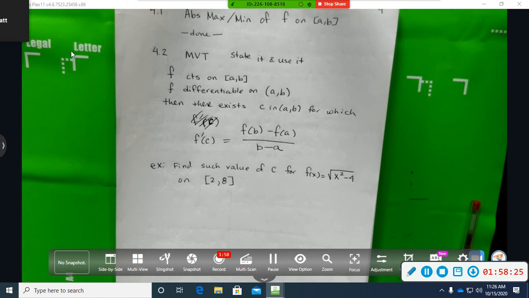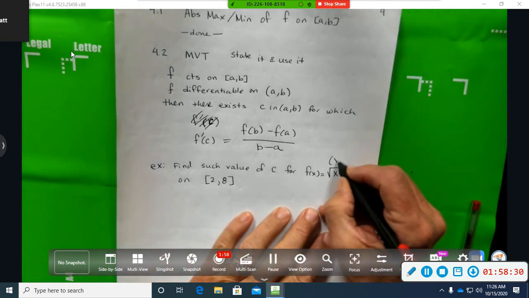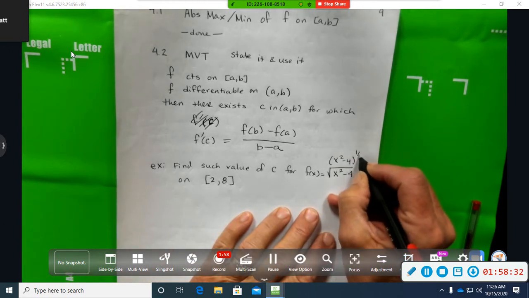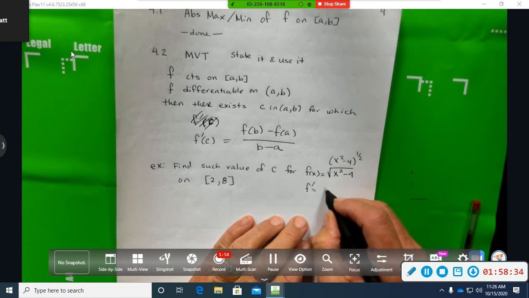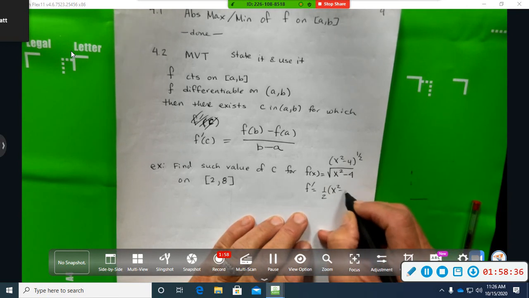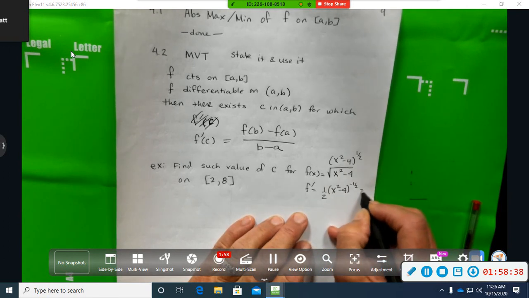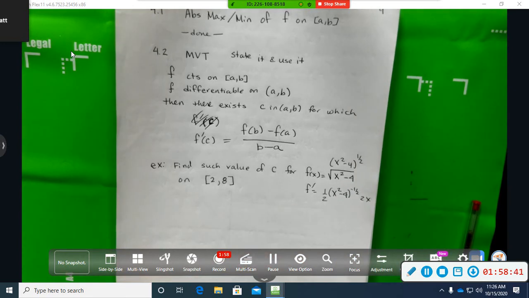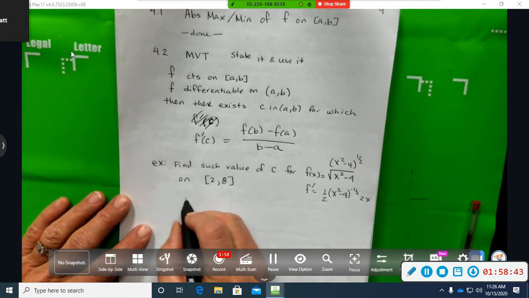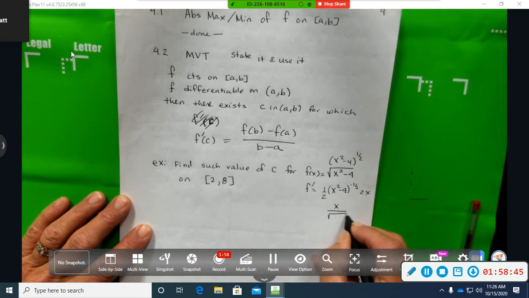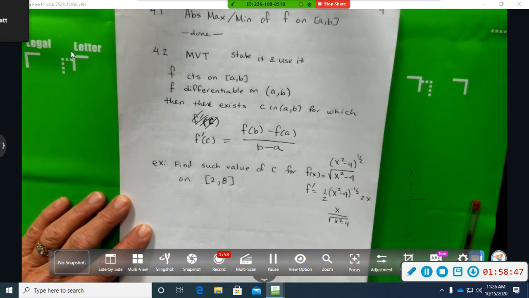That's x squared minus 4 all to the 1/2 power, so let's go ahead and take the derivative. So f prime is 1/2 x squared minus 4 to the negative 1/2 times 2x. The half and the 2 cancel and leaves me x over the square root of x squared minus 4.